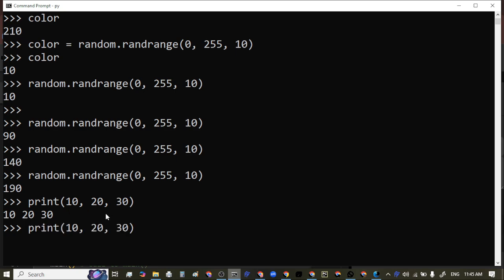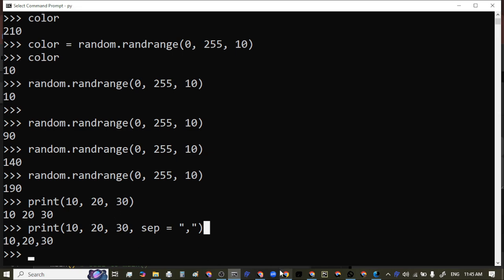But if you do sep equals comma, now it's actually a comma. See that by default it's a space, but I overrode the default value with the comma now. So this is the same thing that we did. Not exactly the same, but similar.